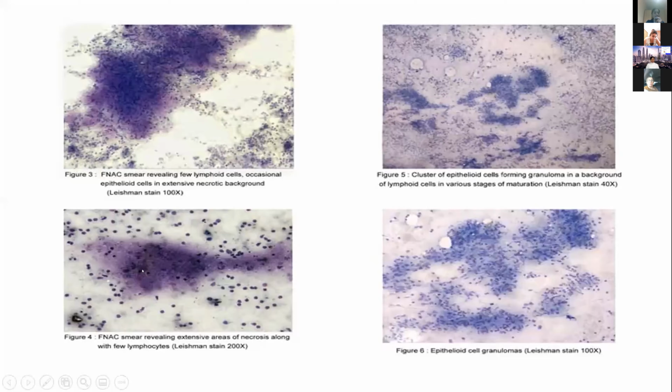In the lower picture, there are only a few lymphocytes and the background is necrotic. The third picture shows a cluster of epithelioid cells forming a granuloma, which we can see in another picture. The epithelioid cells are slightly elongated and different from the round lymphocytes.